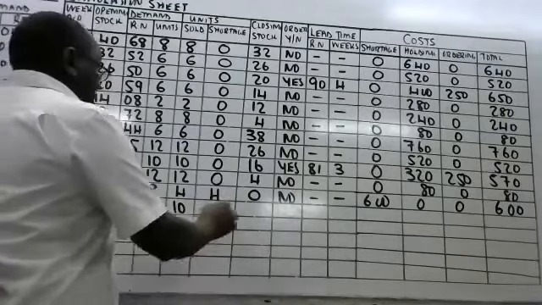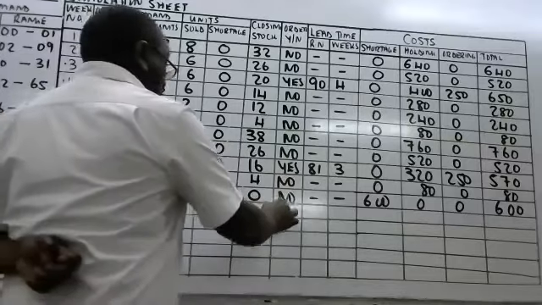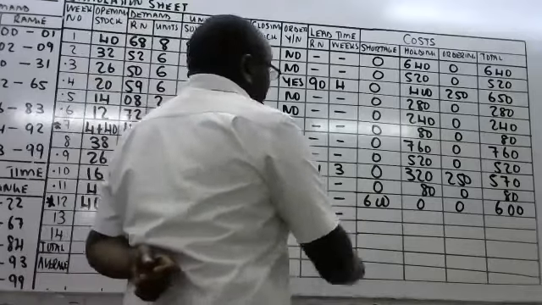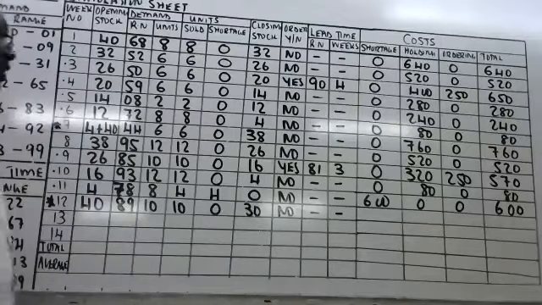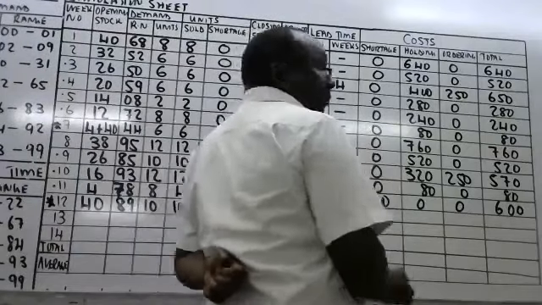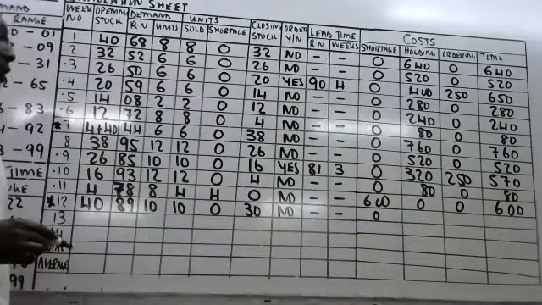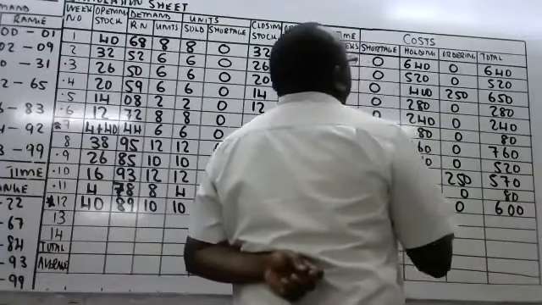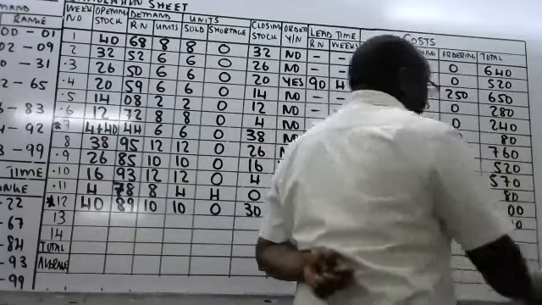Do we place an order? No. So nothing in the lead time, and shortage is 0. But the holding now is what? 600. The ordering is 0, and we have 600 there.